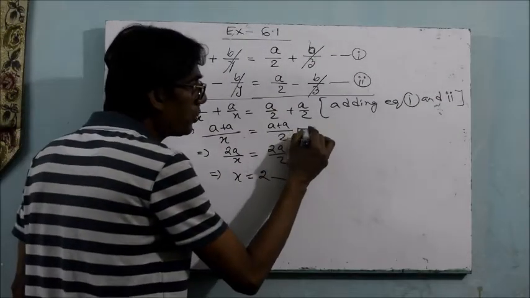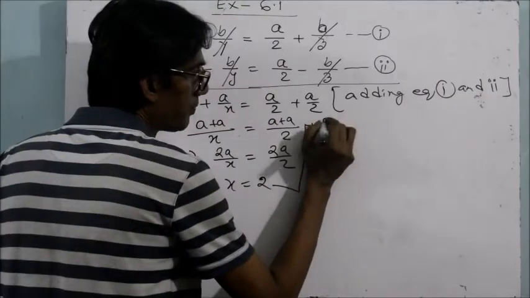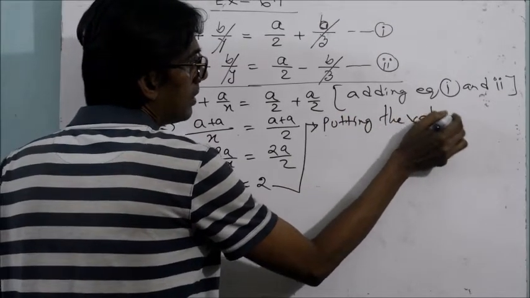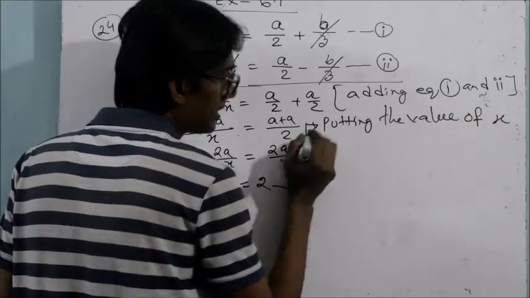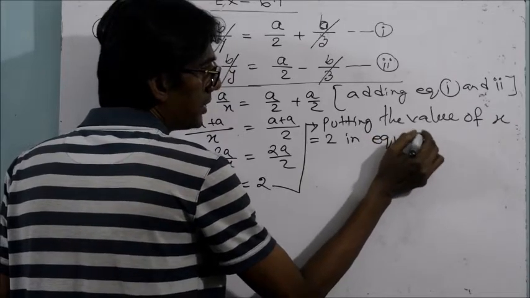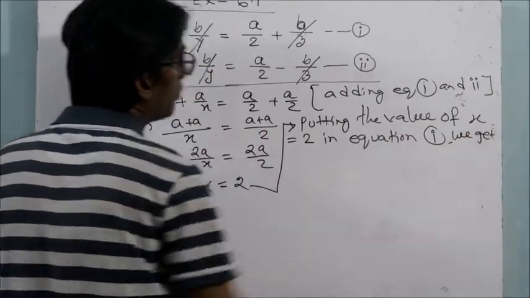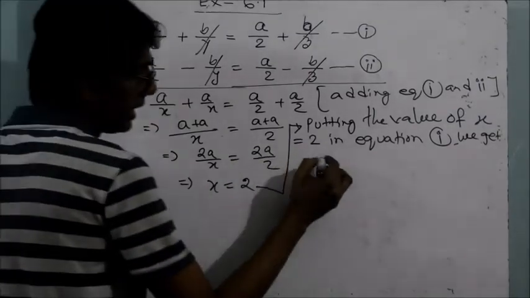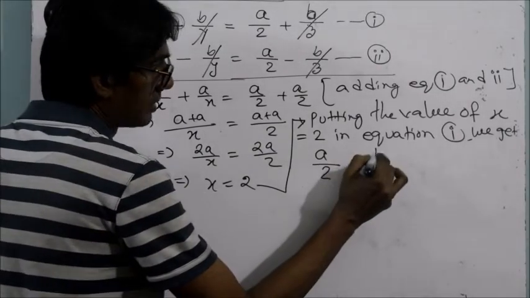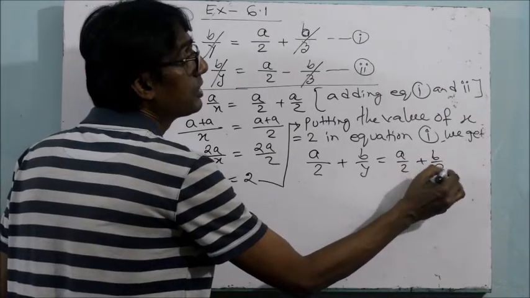Now putting the value of x in either equation 1 or 2. Putting the value of x equal to 2 in equation 1, we get a by x, but the value of x is 2, plus b by y equals a by 2 plus b by 3.